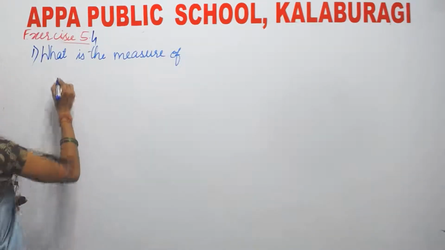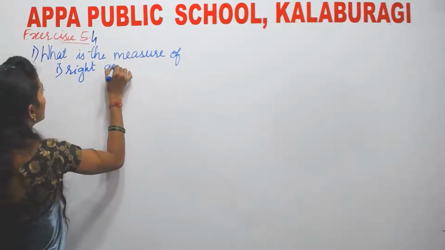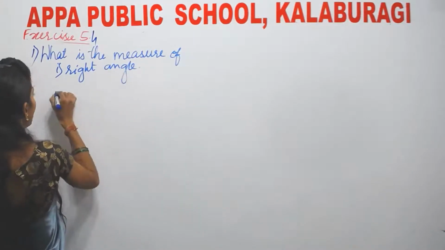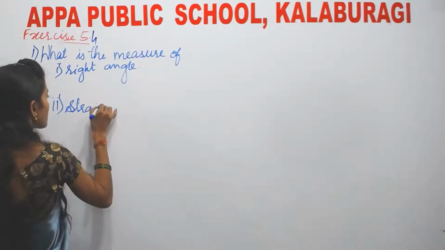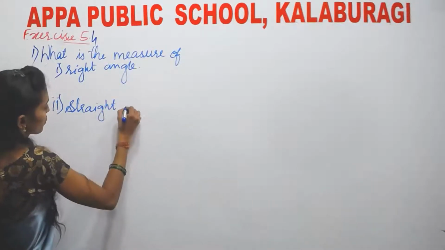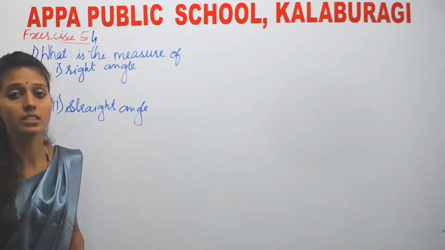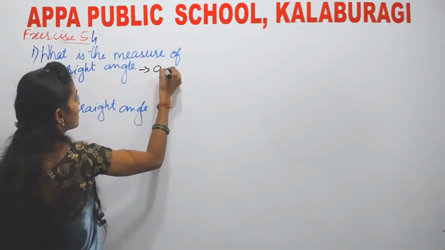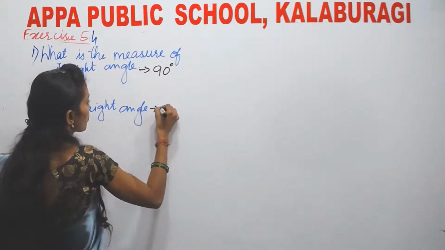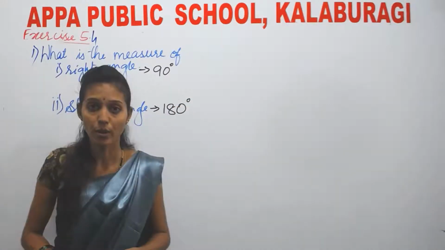Measure of right angle and straight angle. Just now I said, what is the measure of right angle and straight angle? The measure of right angle is 90 degree. The measure of straight angle is 180 degree.